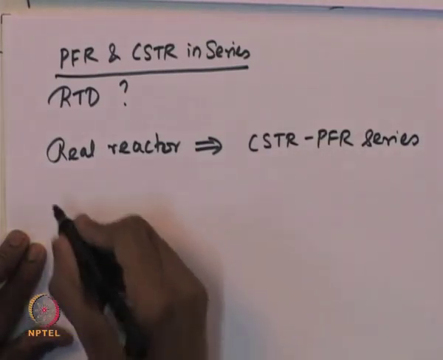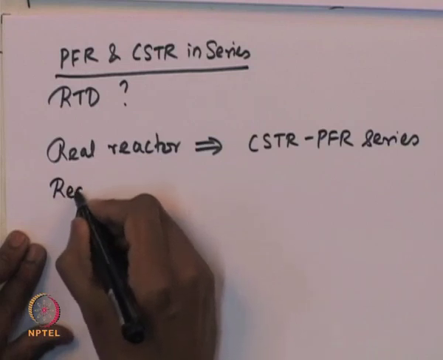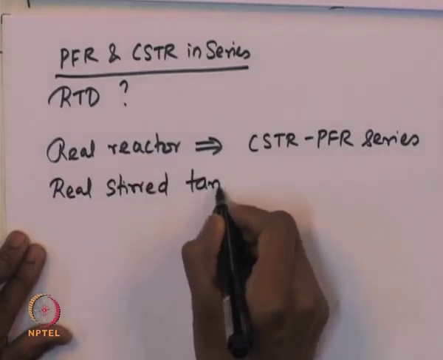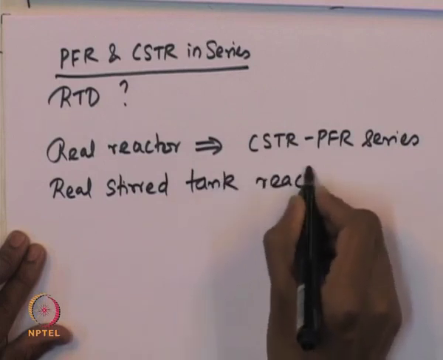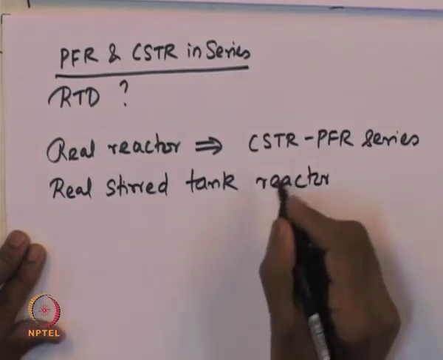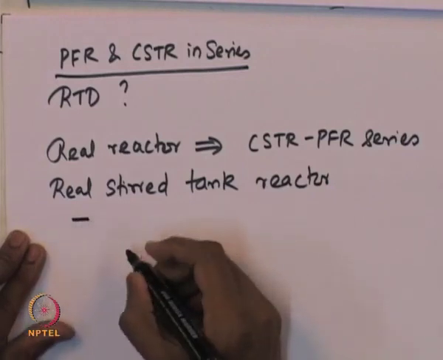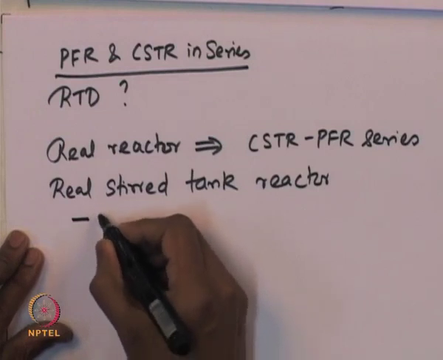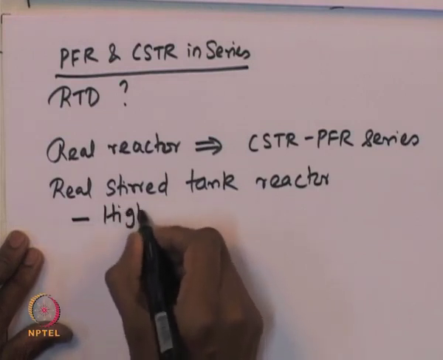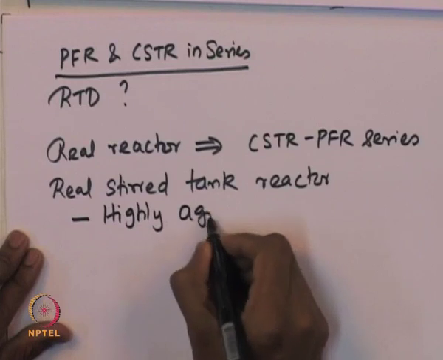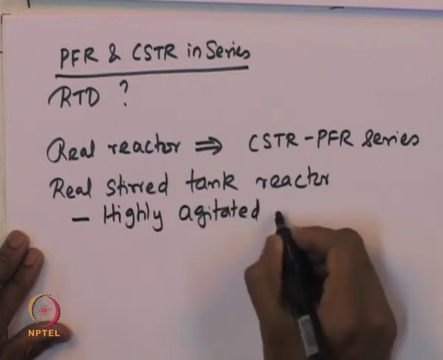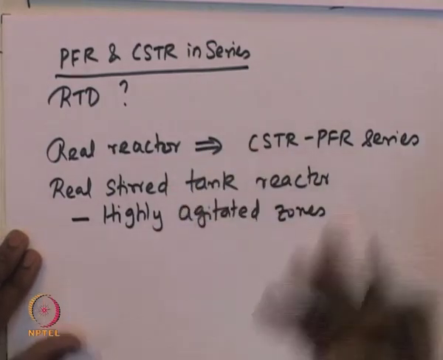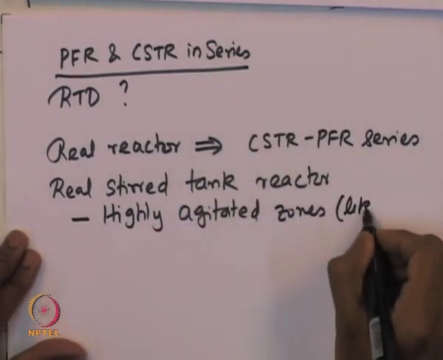Consider the situation of a real stirred tank reactor. One could intuit that there will be highly agitated zones present in the real stirred tank reactor. These zones will typically behave like a CSTR.